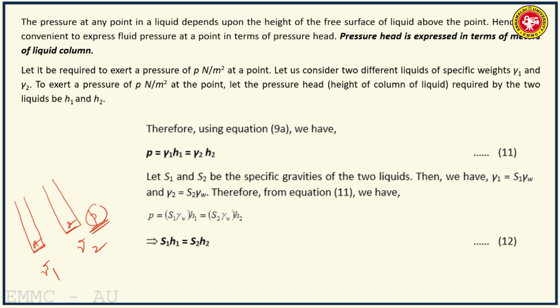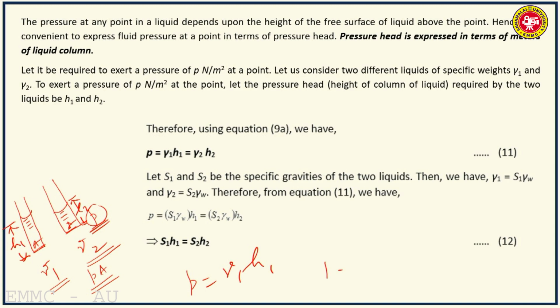Now, I want to exert a pressure P, that means the pressure force will be P into A, the same pressure force, using two different liquids, liquid 1 of specific weight gamma 1, liquid 2 of specific weight gamma 2. So, P is equal to gamma 1 H1, say it is H1. In another case, a higher specific weight liquid, so the height is say H2.